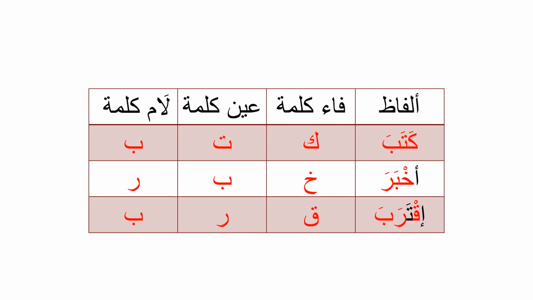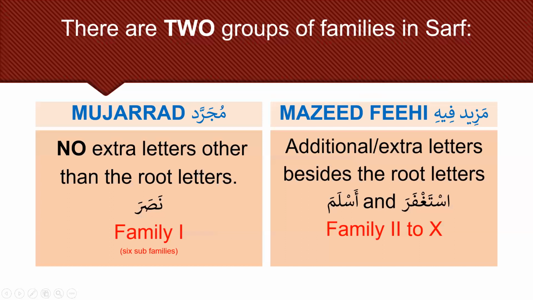So it is very important to learn about surf because it will tell us what the original root letters inside a word are, by putting each word into different families, and that is how we have divided the families into Mujarrad and Mazid Fihi.